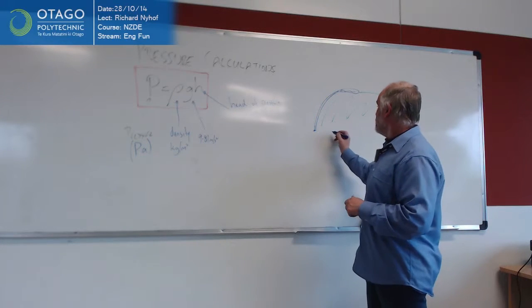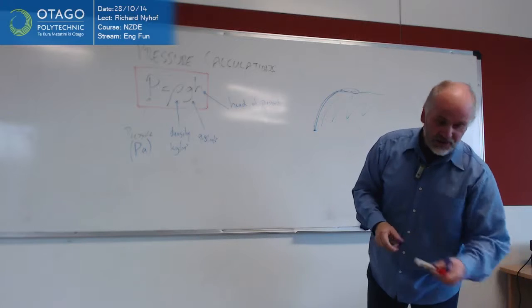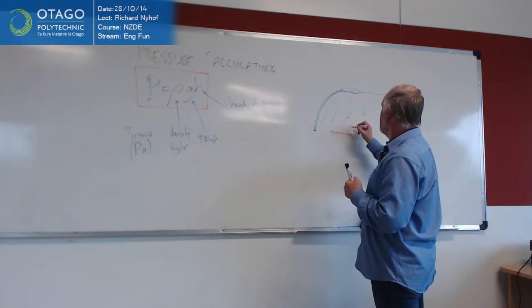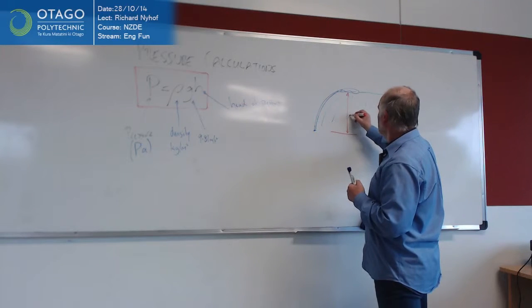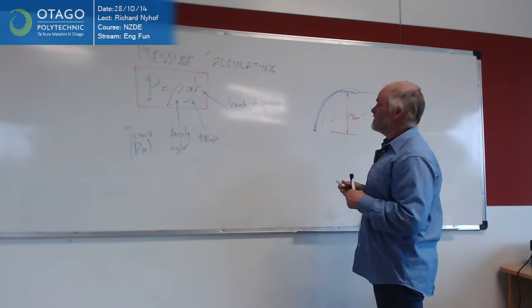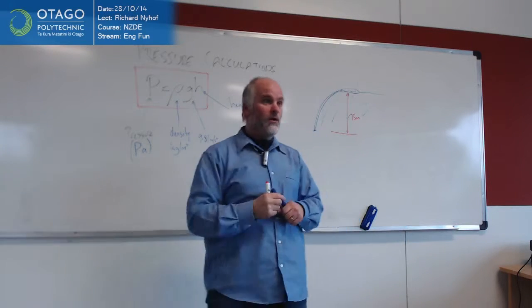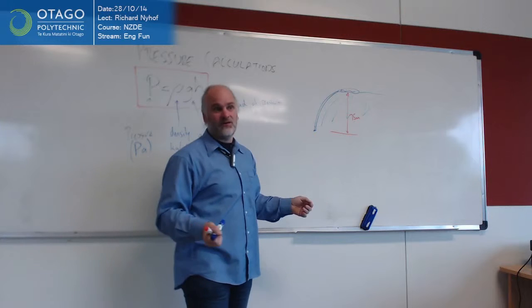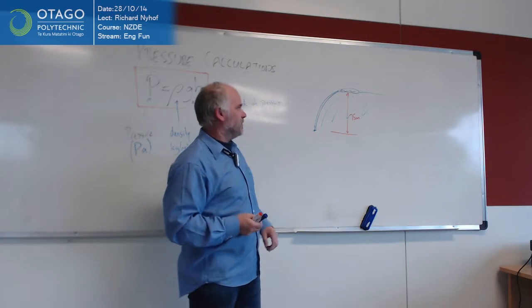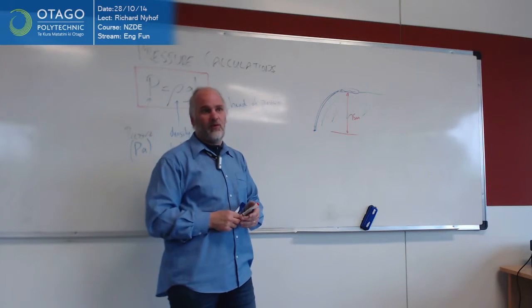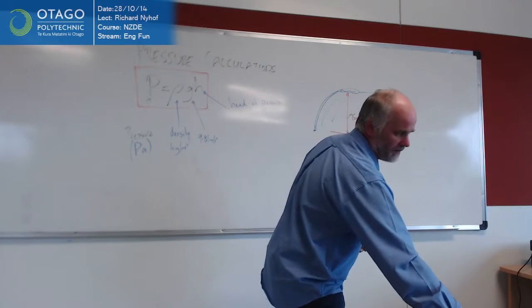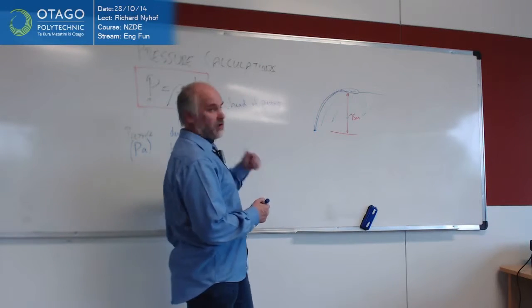So let's say this hill is 75 metres up. It's got a 75 metre fall, or 75 metre head, is the phrase you'll hear used. The question is, what pressure is that fluid going to be at the bottom of the pipe? And we just use this formula.